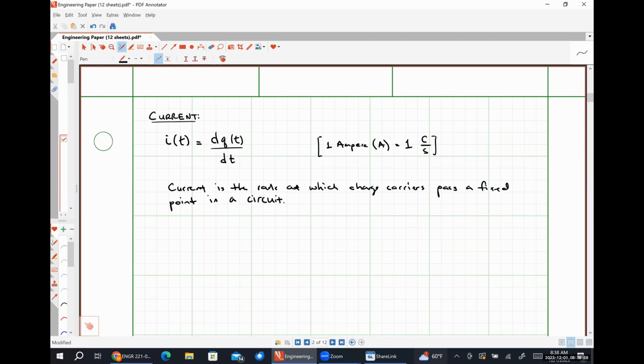So just to recap, if electrons are moving from left to right, positive current is flowing from right to left. They're just in opposite directions. If protons or positive charge carriers are moving from left to right, current is moving from left to right. So it's all based on what the positive charge carrier is doing. All right, so we have a mathematical definition for current and a word definition explaining what it is.